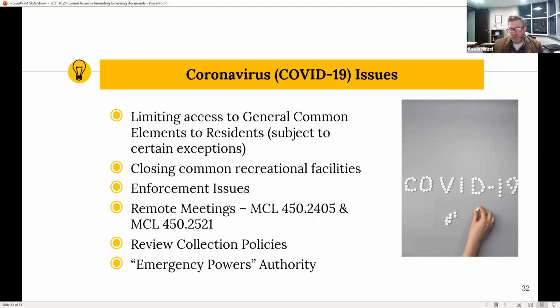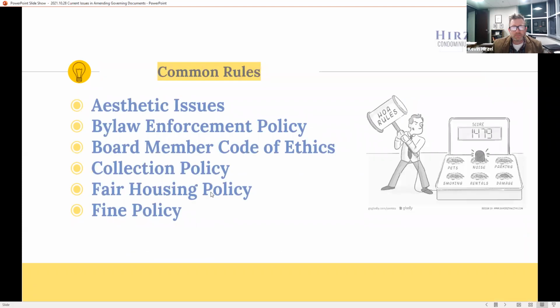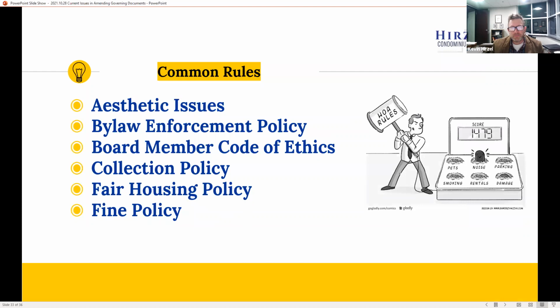So that's something that we've seen that's kind of new, but we are recommending that communities adopt an emergency power section of varying authority, depending upon the sensibilities of the community, in order to authorize rules and regulations. And one of the main reasons is because the board's rulemaking authority must be anchored in the restrictions themselves.